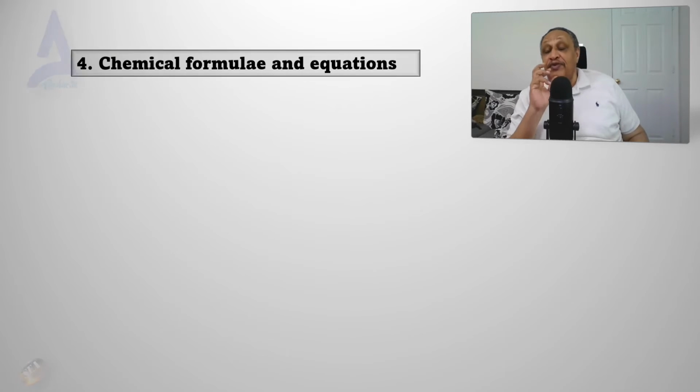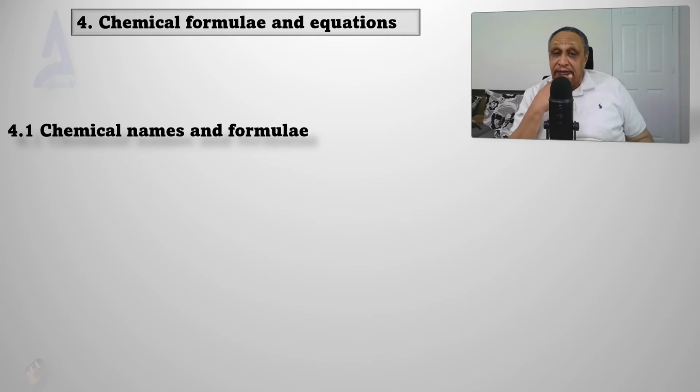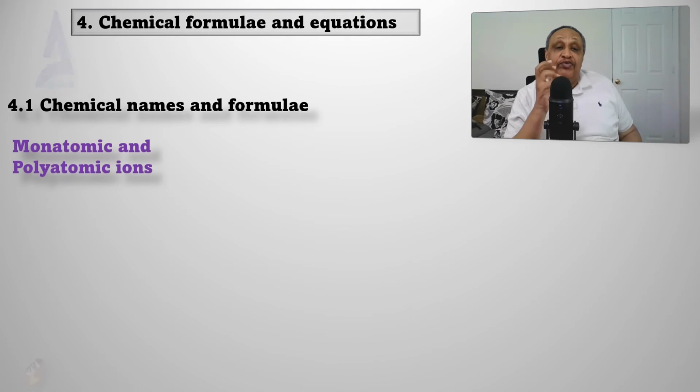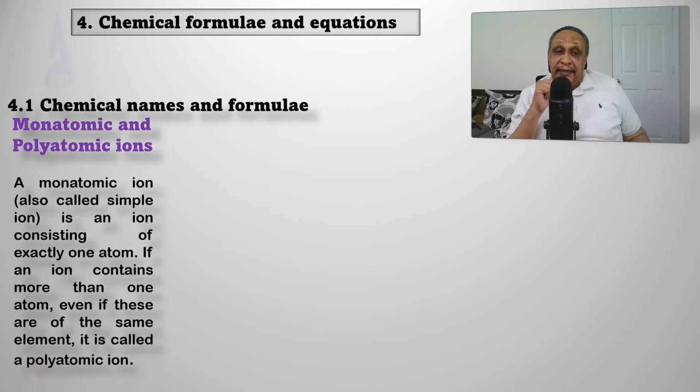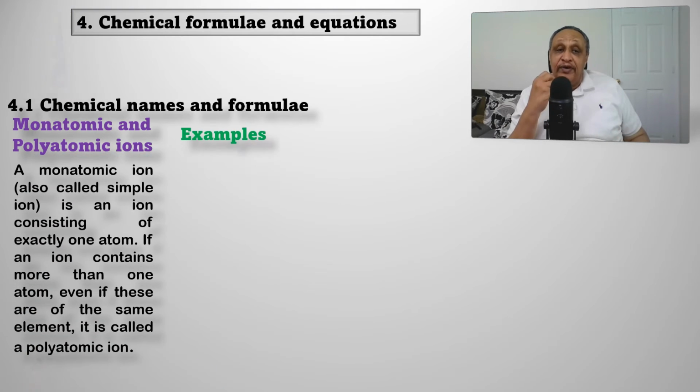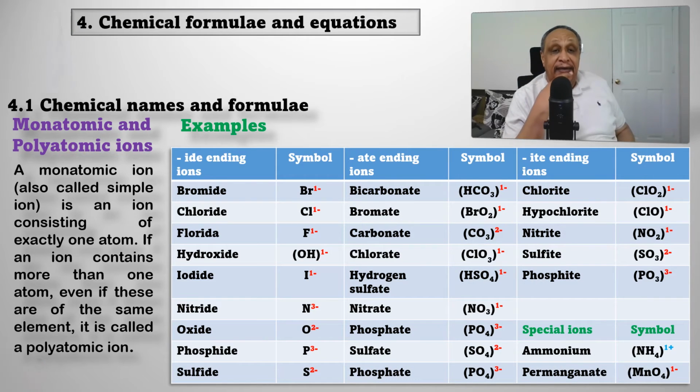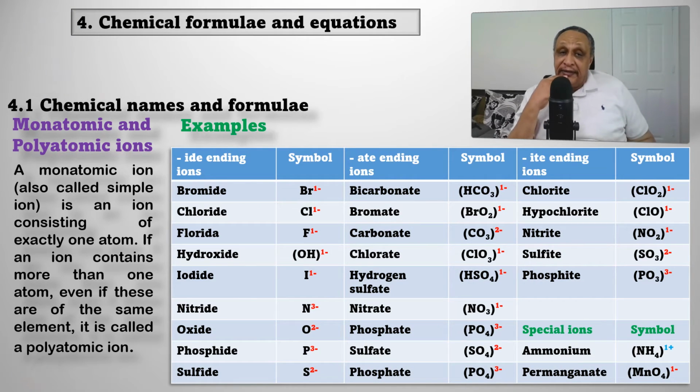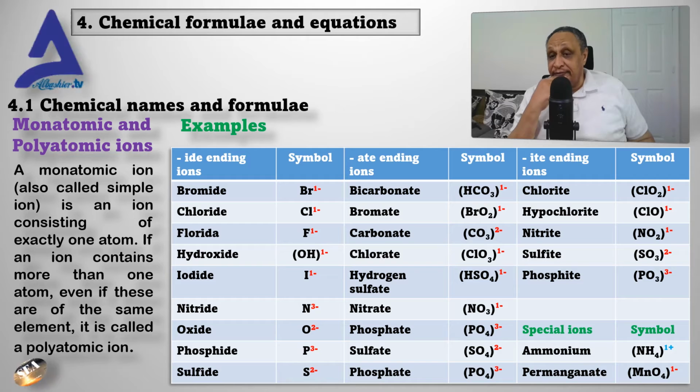We have to understand this table and also memorize it. It is very important. And here we would like to speak about the monatomic and the polyatomic ions.